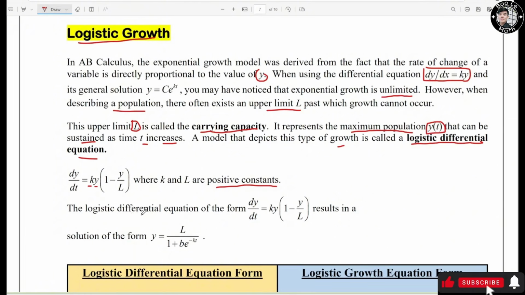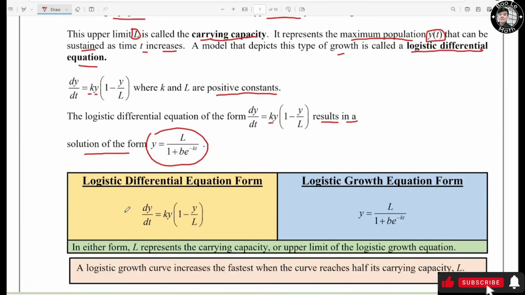The logistic differential equation of the form dy over dt equals k times y times 1 minus y over L results in a solution of the form y equals L over 1 plus b times e raised to the negative k times t. Alright, so the logistic differential equation form is this one, and the logistic growth equation form is this one.